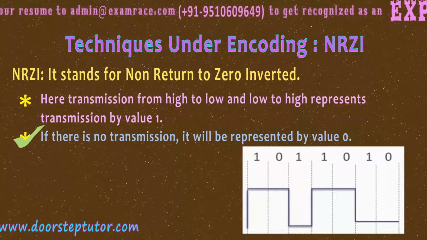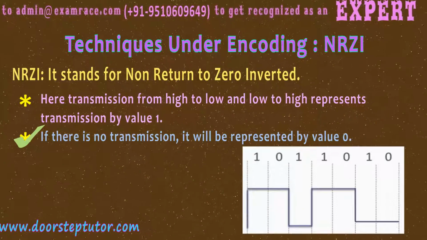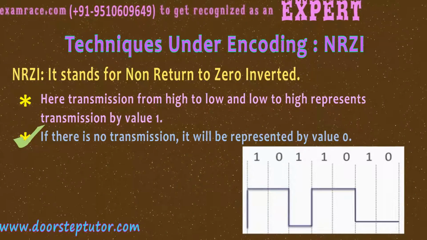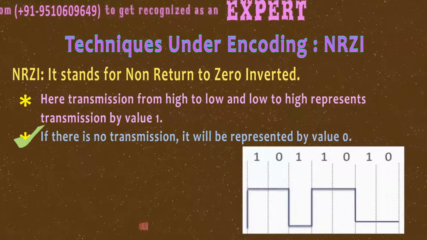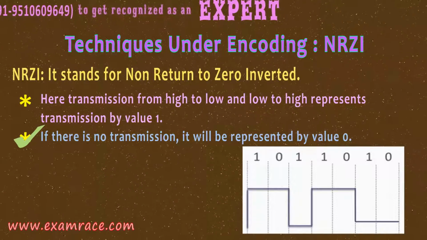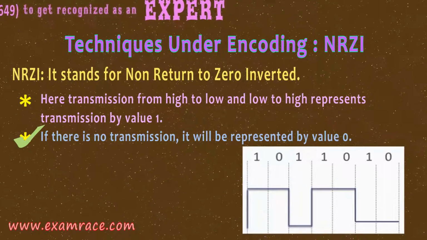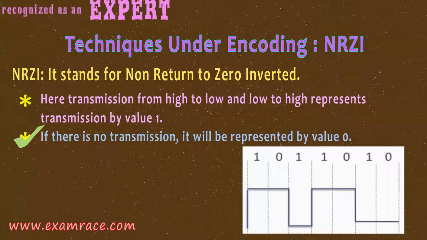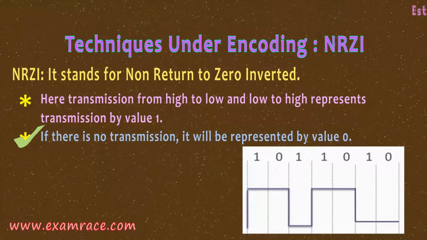So let's understand the diagram. If the bit is 1, the signal can go from low to high or from high to low. If there is no transition, it will be represented by 0 and there will be a continuing line. In the first bit, it is 1, so our signal is high. Then 0.